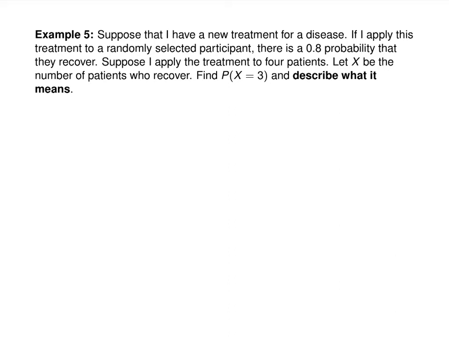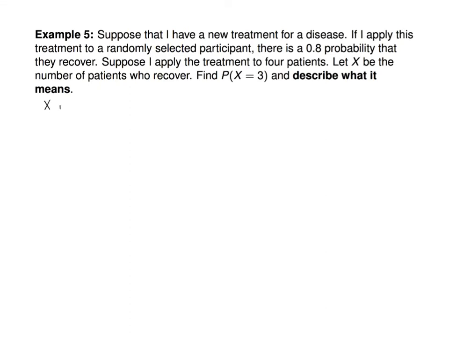So suppose that I have a new treatment for a disease, and if I apply this treatment to a randomly selected participant, there's an 80% chance, or 0.8 probability, that they recover. Suppose I apply this treatment to 4 patients, and let X be the number of patients who recover. Find the probability that X equals 3, and describe what it means.